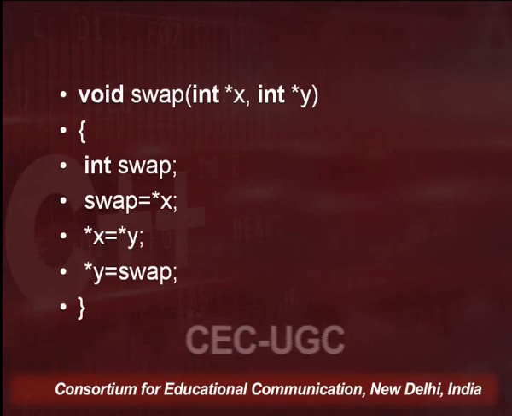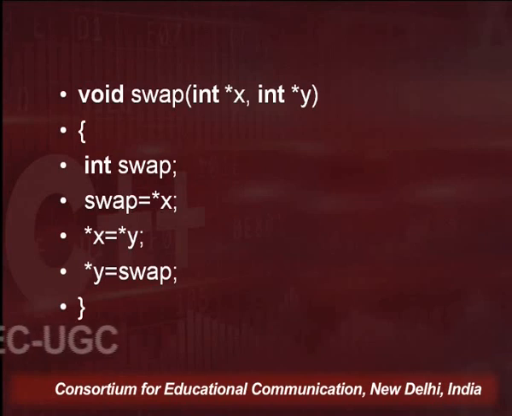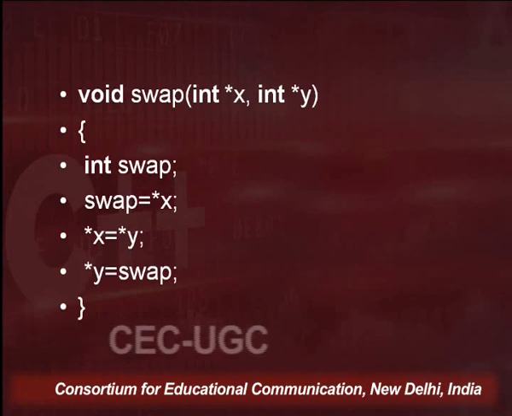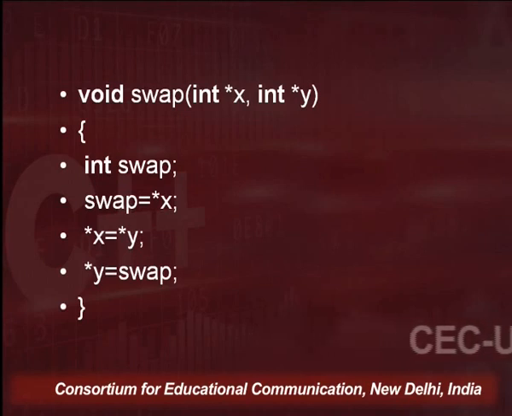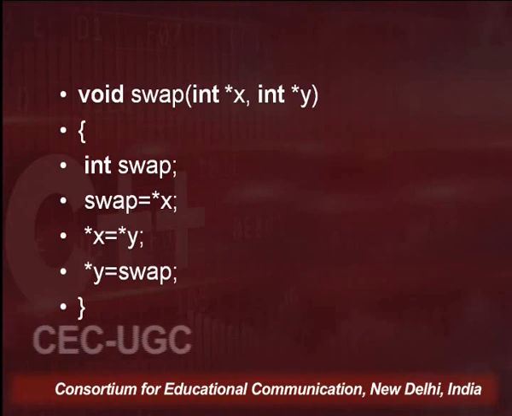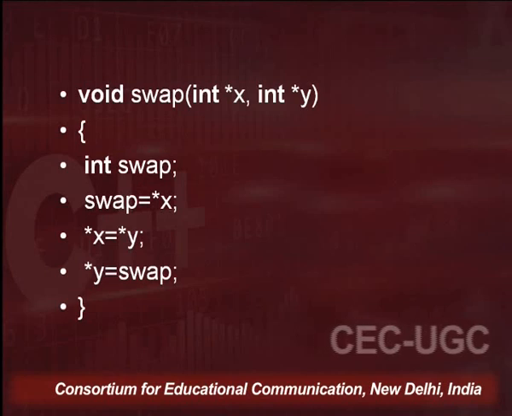Now I have taken a temporary variable, which is swap, or whatever name you want to have. Within swap I am putting the value which is being pointed by x, or value at x. Then value at x is equal to value at y, and value at y is equal to swap.